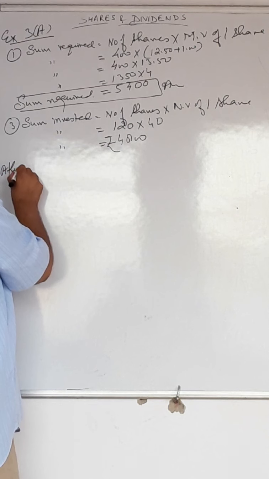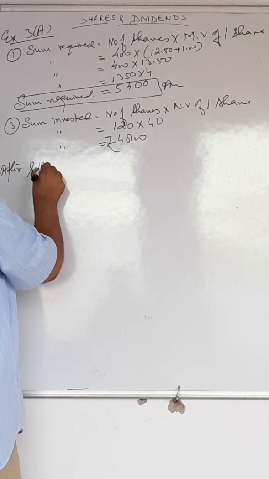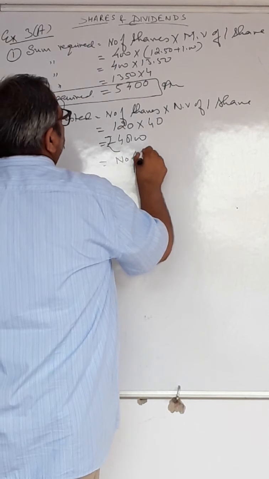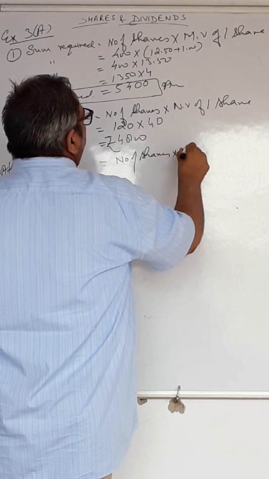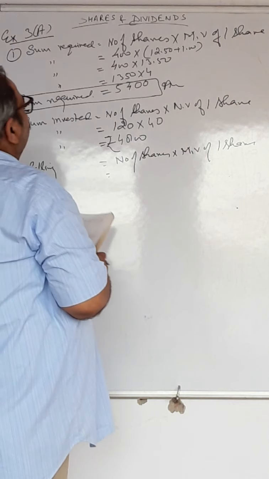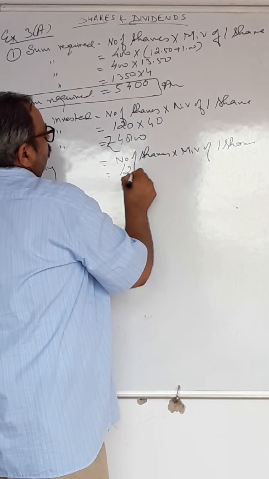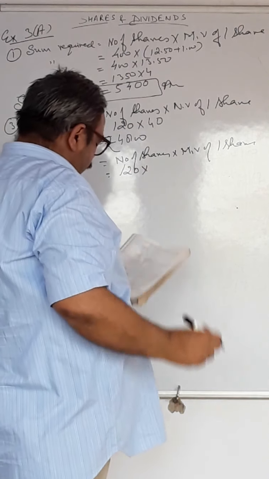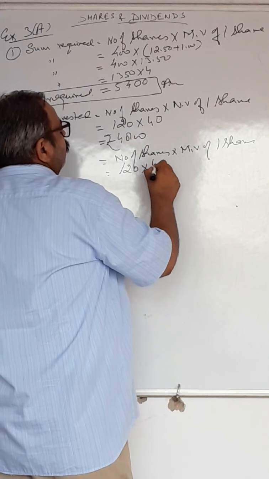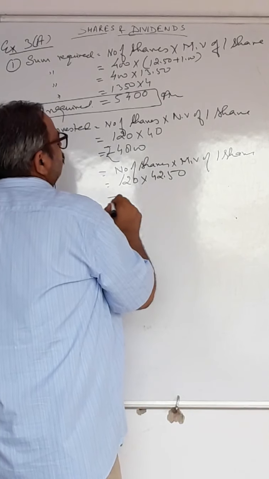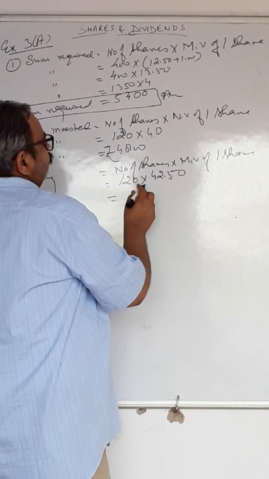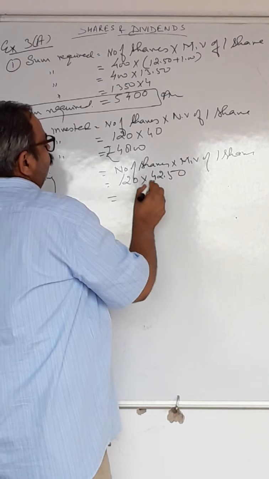After selling: number of shares into market value of one share. Number of shares are 120, sold at 42 rupees 50 paisa. So we can write 120 into 42 rupees 50 paisa. Multiply this and check.